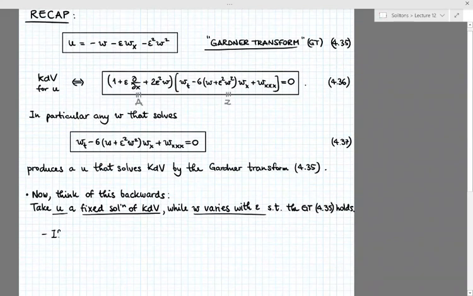So if epsilon is equal to 0, then equation 4.36, the equation for W, which is equivalent to the KdV equation for U, is nothing but the KdV equation with the reverse middle term.